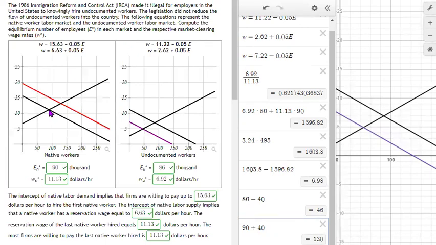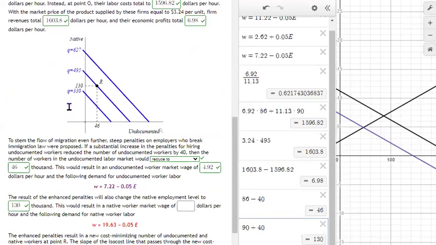And notice what happens to the labor demand curve in the native-born worker labor market. It shifts out, and the new equilibrium is 130,000 native-born workers at a market wage that is looking like about 13, right? So labor demand shifts in for undocumented workers and labor demand shifts out for native-born workers, right?